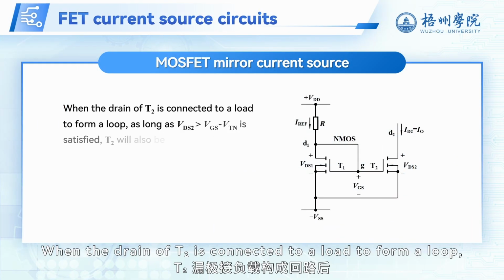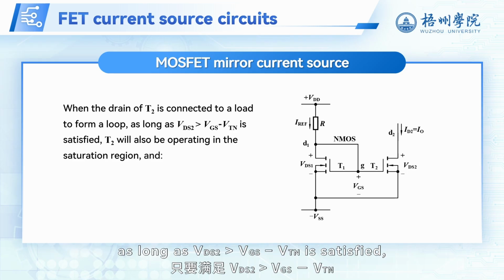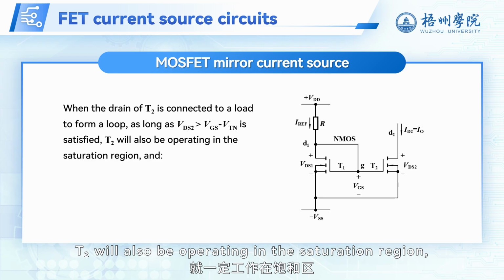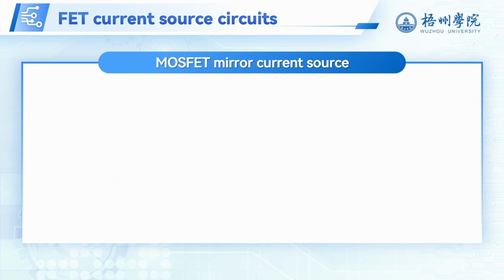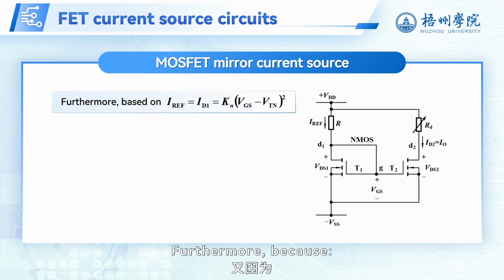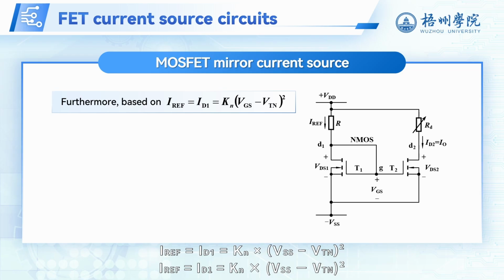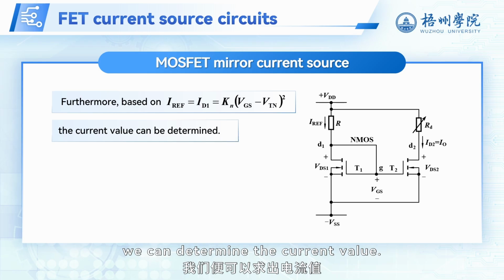When the drain of T2 is connected to a load to form a loop, as long as V_DS2 greater than V_GS minus V_Tn is satisfied, T2 will also be operating in the saturation region, and I_O equals I_D2 equals I_REF equals (V_DD plus V_SS minus V_GS) divided by R. Furthermore, because I_REF equals I_D1 equals K_N times (V_GS minus V_Tn) to the power of 2, we can determine the current value.